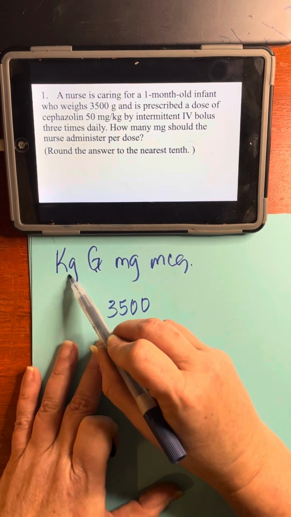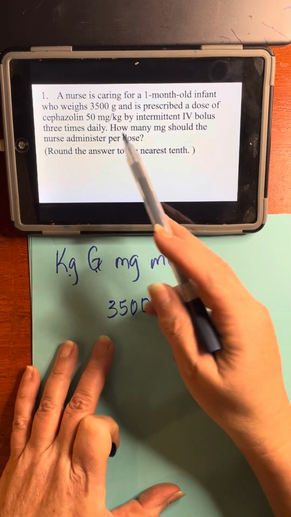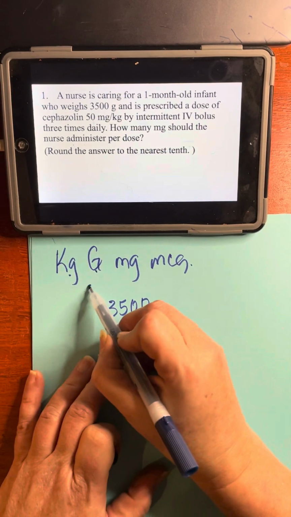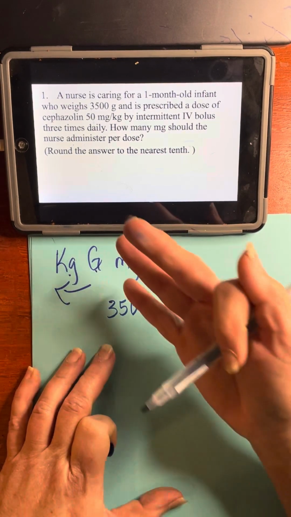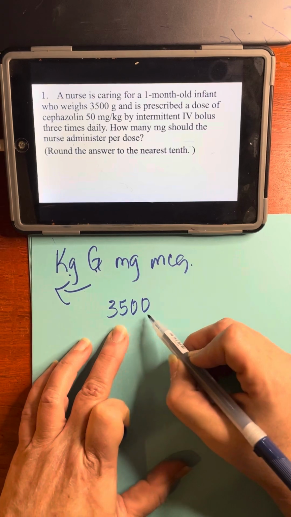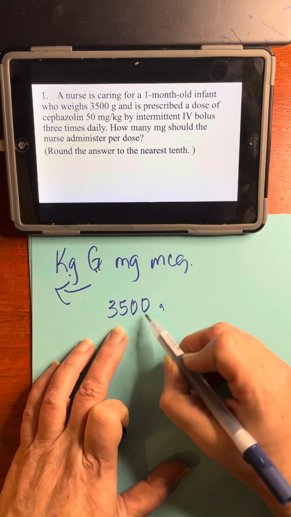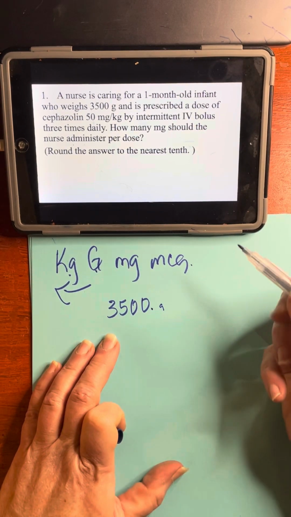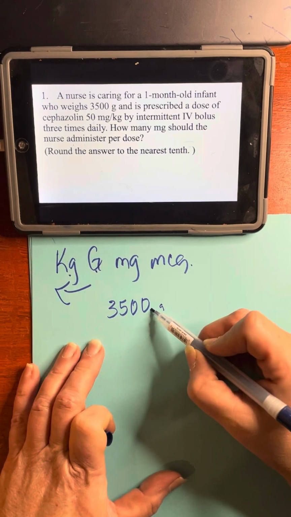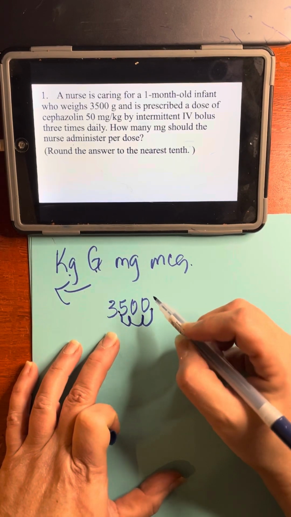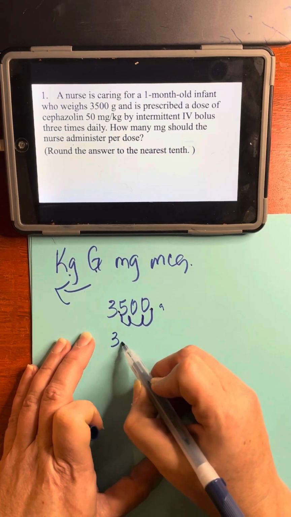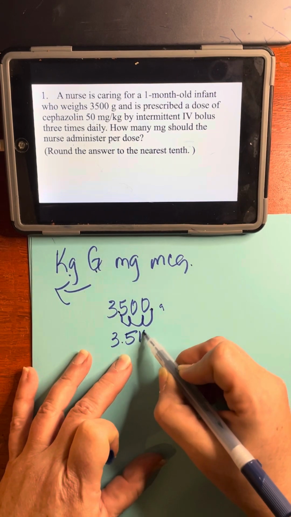To go from grams to kilograms, which is what we have to do to work this, we move the decimal 3 places to the left. The decimal is understood to be at the end of the whole number, so we go 1, 2, 3, put our decimal right there. So he would be 3.5 kilograms.